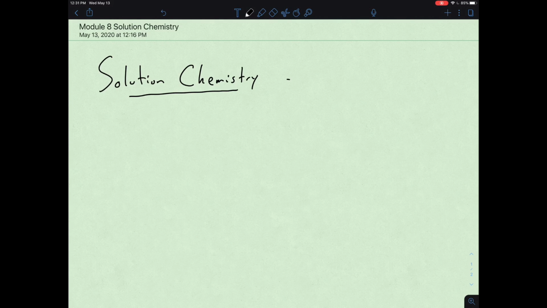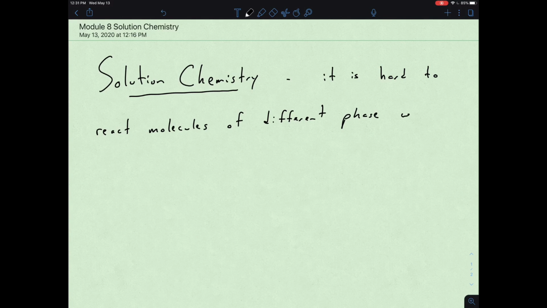And the reason why we need to talk about solution chemistry is that it is hard to react molecules of different phase with one another.